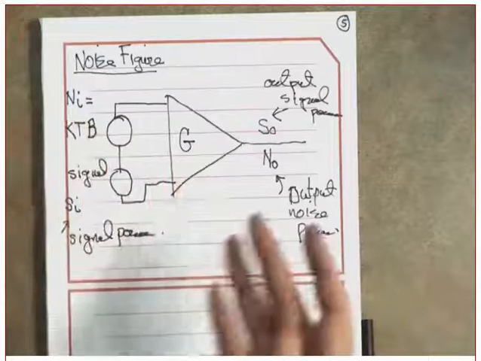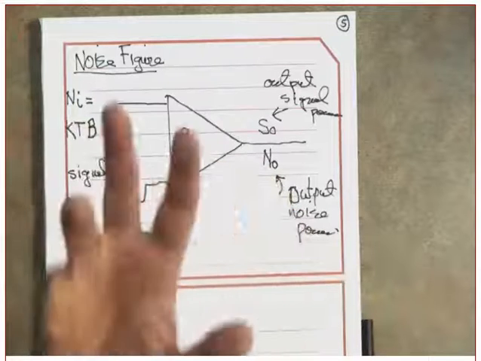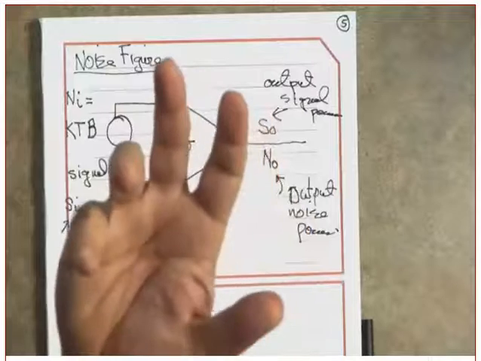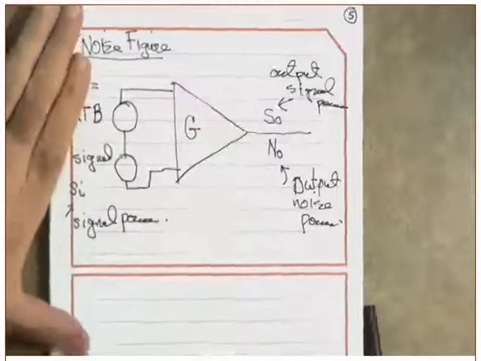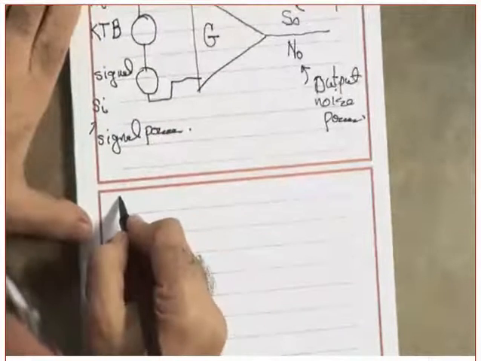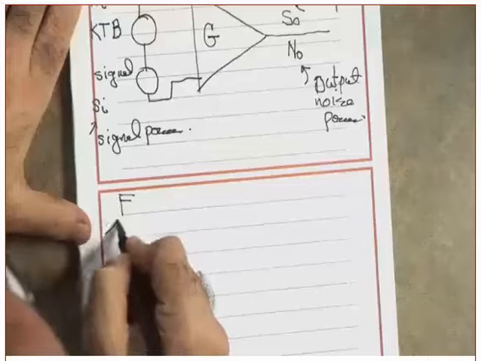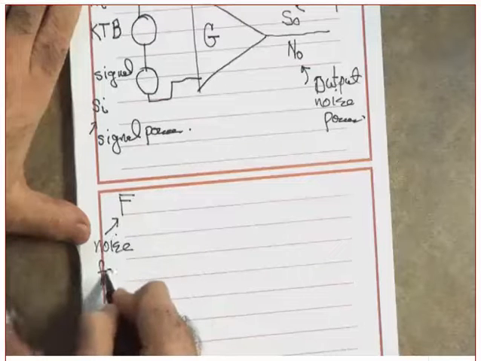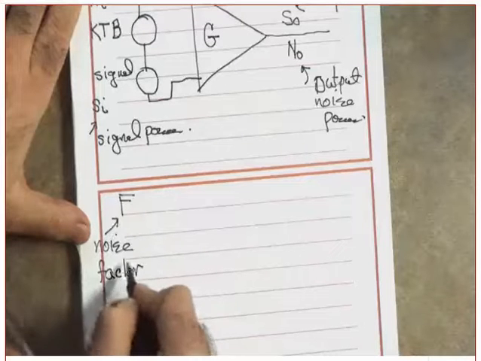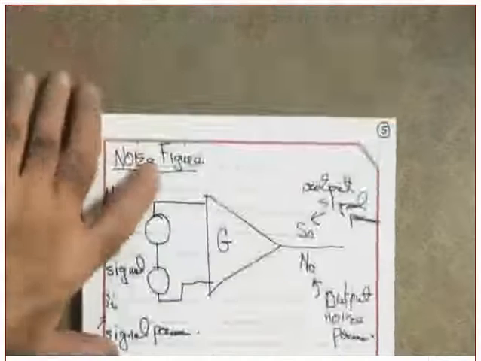That tells them that the device itself is introducing internal noise. So they try to model that. How do they model? Let's see. They defined a parameter, which is called the noise factor. The noise factor, not the noise figure.